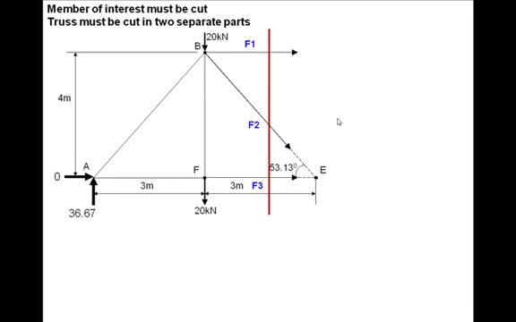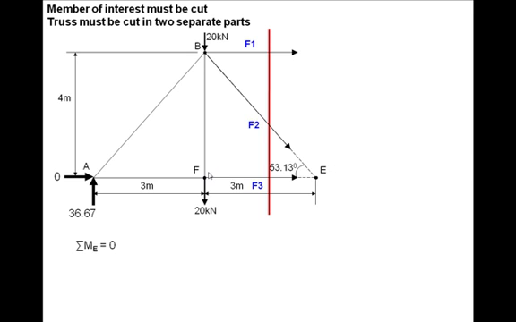Now we have cut it, but we have exposed F1, F2, F3 as external forces to this section, and therefore under the influence of F1, F2, F3, the external loads of 20 at B, 20 at F, and these reactions, this entire part continues to be in equilibrium, and therefore we can use sigma fx equal to 0, sigma fy equal to 0, sigma m equal to 0.